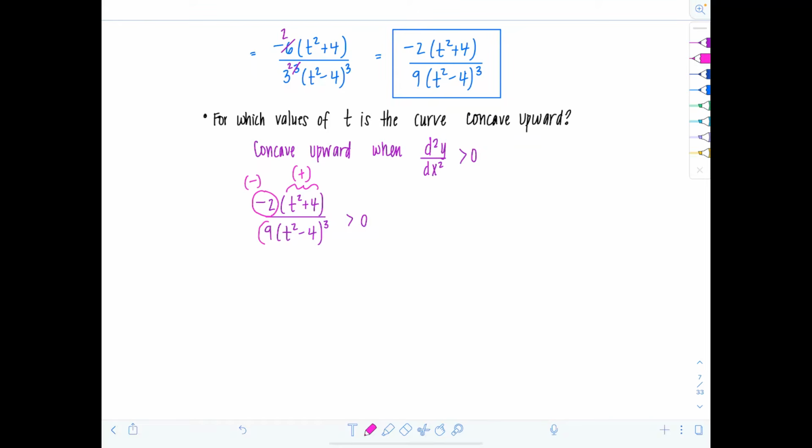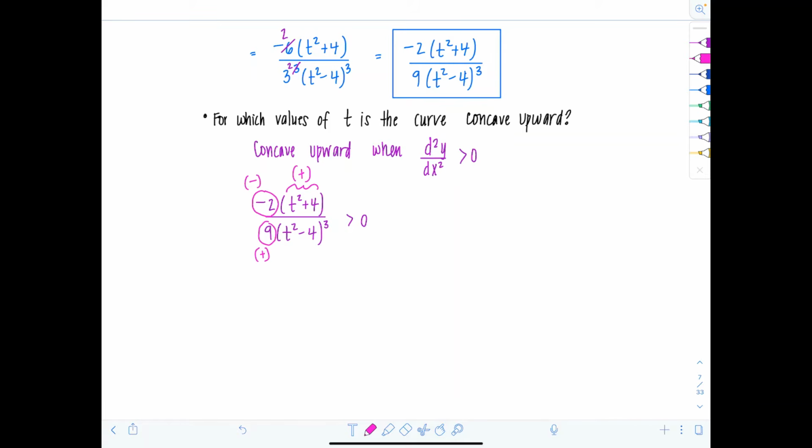Now let's look at what's going on downstairs in the denominator. This 9, this is always positive. And then look at, we have t squared minus 4 cubed. So that's really the only factor, right? Or the only term in the second derivative that could change from positive to negative.